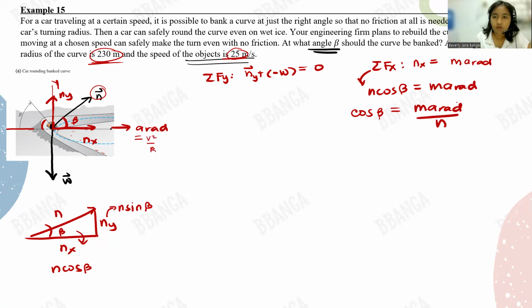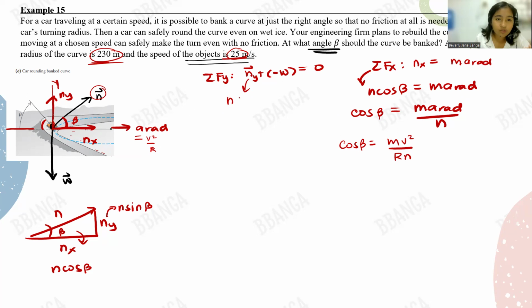So, pwede ko itong i-rewrite as cosine beta is mv squared over r times the normal. Okay, napunta tayo dito. Kasi alam ko na yung V, alam ko na yung R. Ang problema ko yung mass tsaka yung normal. Ito merong normal element, so pwede kong gamitin.